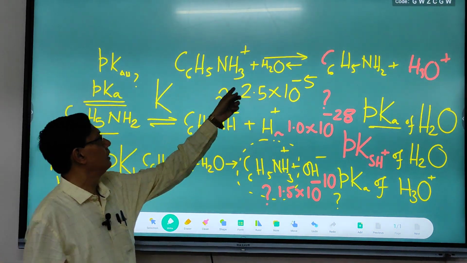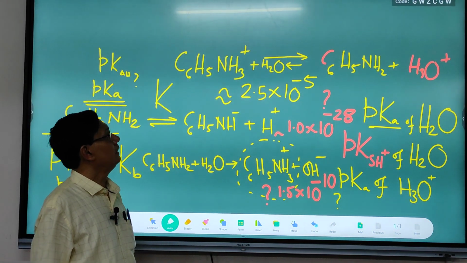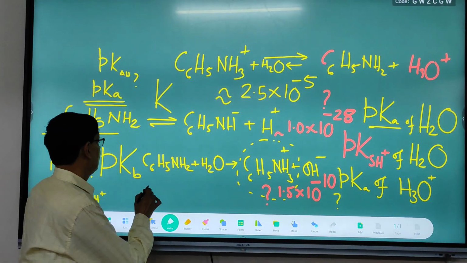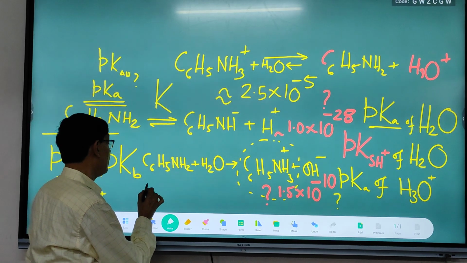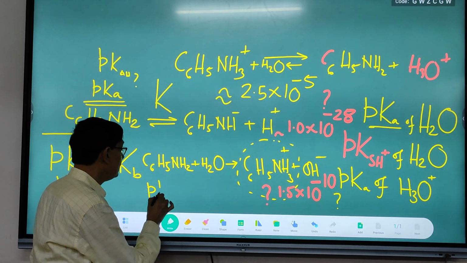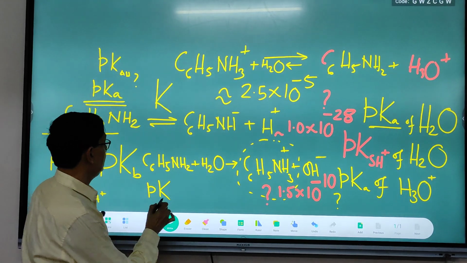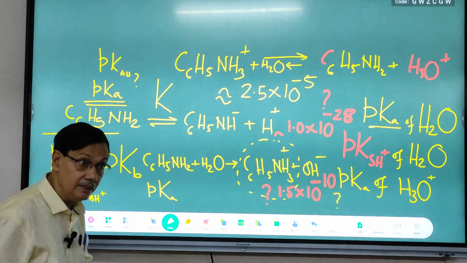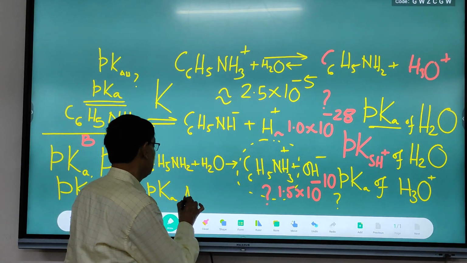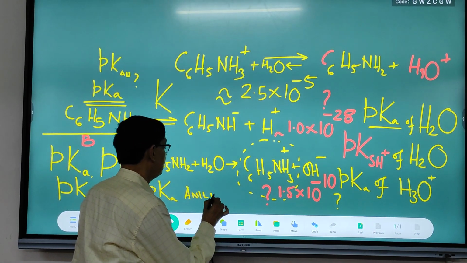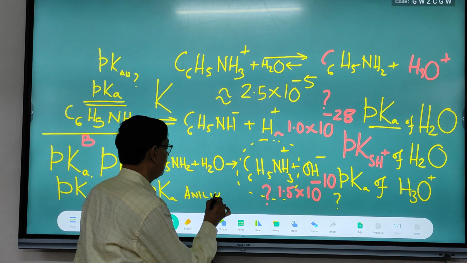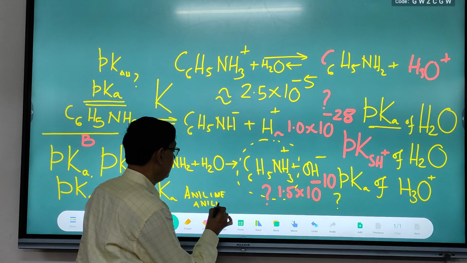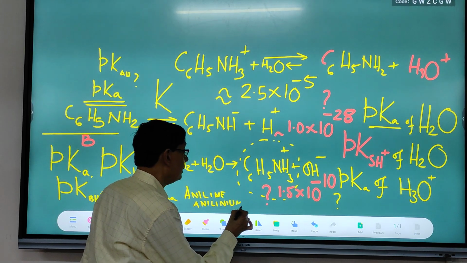So here I can take the conjugate part, and I consider the proton donating capacity of not aniline, but the anilinium ion.